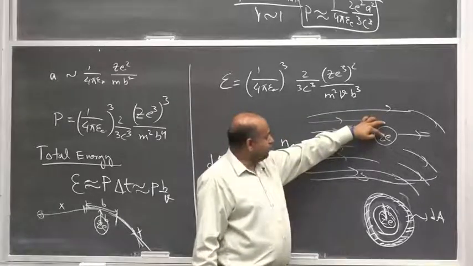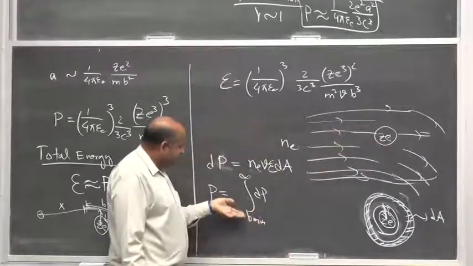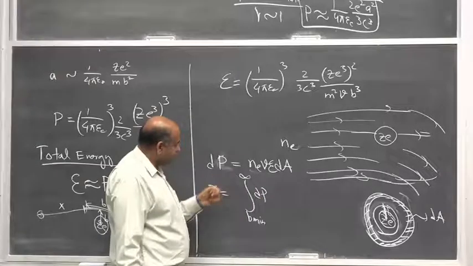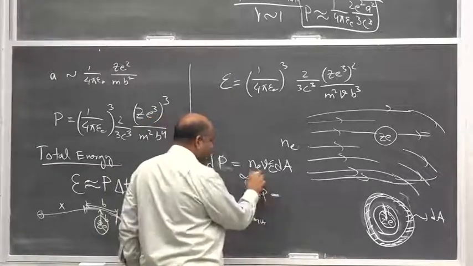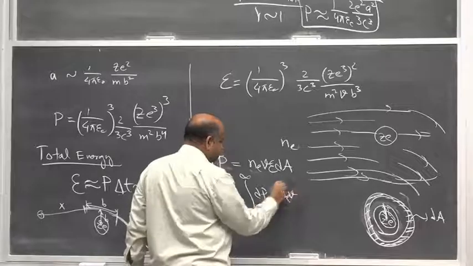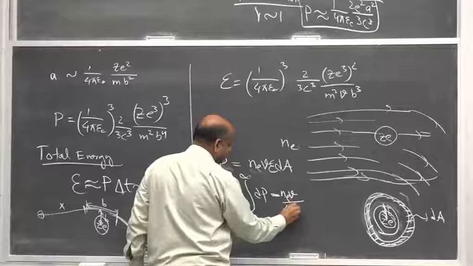That won't be allowed by the uncertainty principle. So there is a minimum b, and we can integrate to find the total power from that b minimum to infinity.